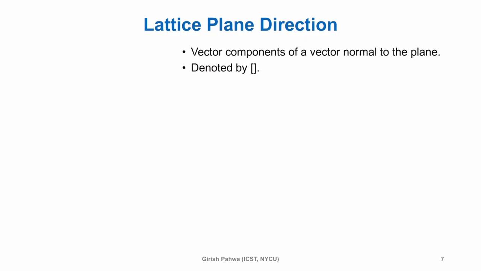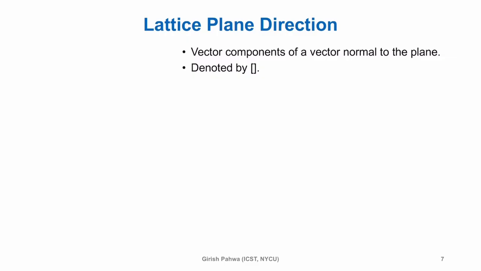So it's characterized by the normal, a vector normal to the plane, and what that vector will be we will see. They are denoted by square brackets. As Miller indices are denoted by curly brackets, these are denoted by square brackets. So how do we determine them? What's the procedure to calculate a lattice direction?